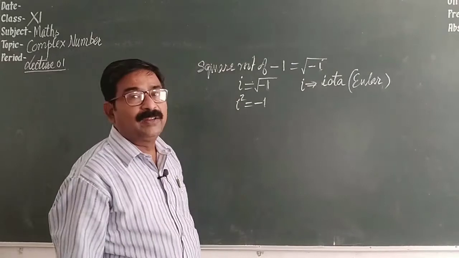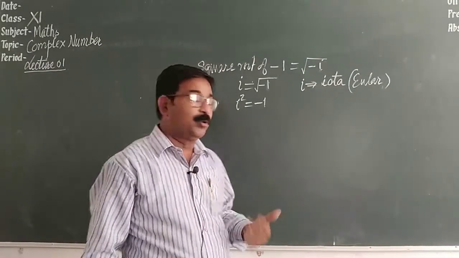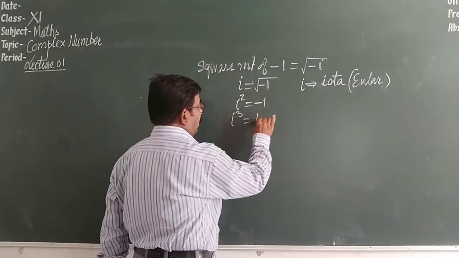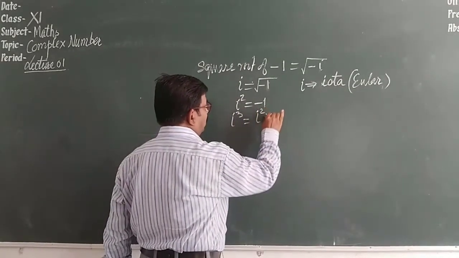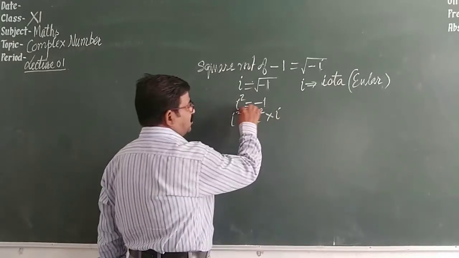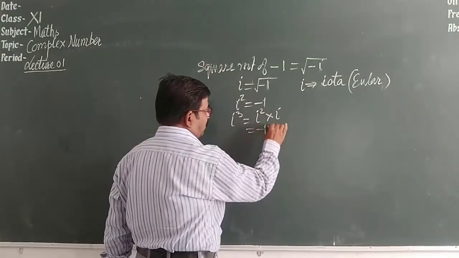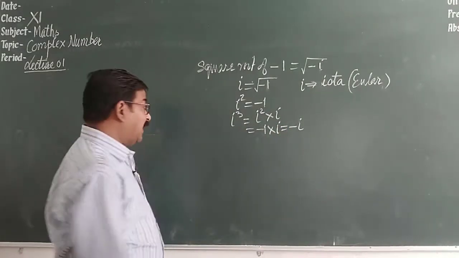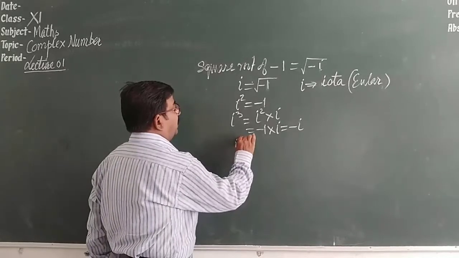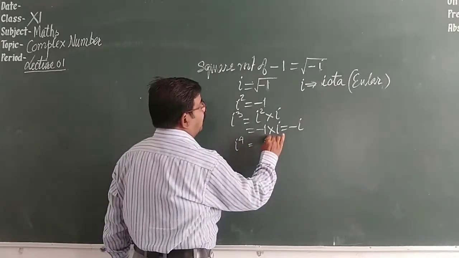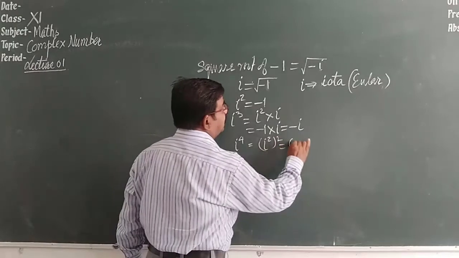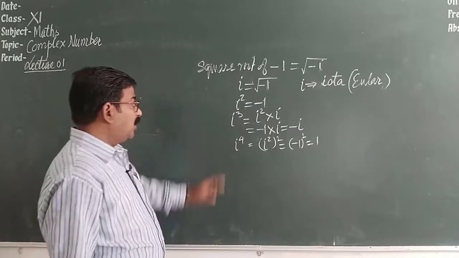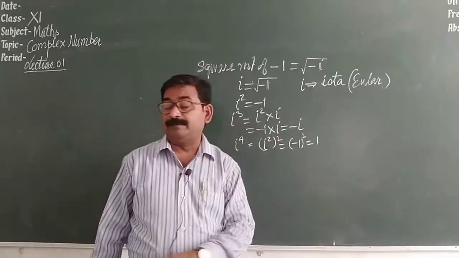If you are going to find the value of i cube, i to the power 4: i cube is equal to i square into i, and i square is minus 1, so minus 1 into i is minus i. i to the power 4 is equal to i square squared, this is minus 1 squared, which is equal to 1. So iota can be solved in this way.